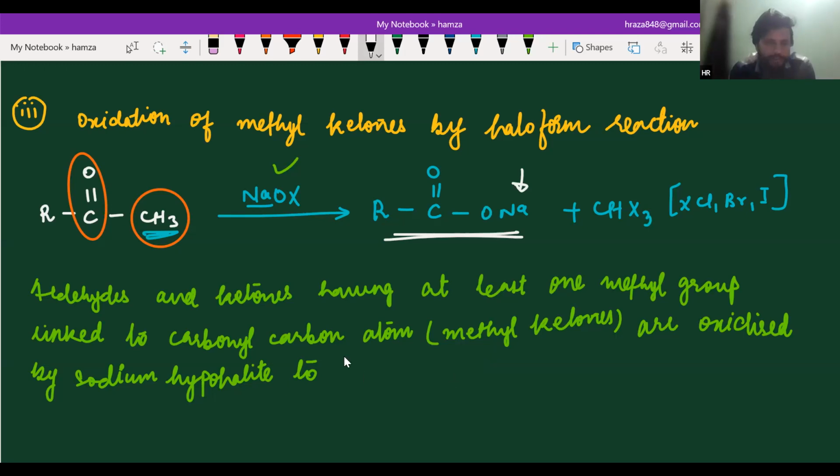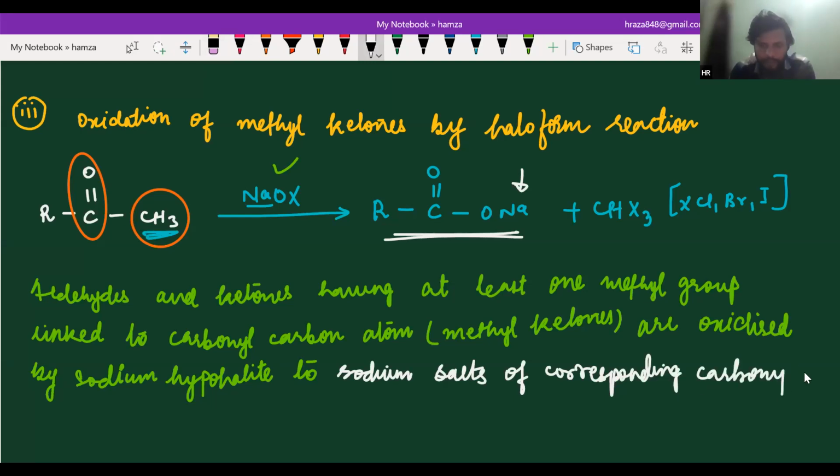So we can write hypohalite to sodium salts of corresponding carboxylic acids.